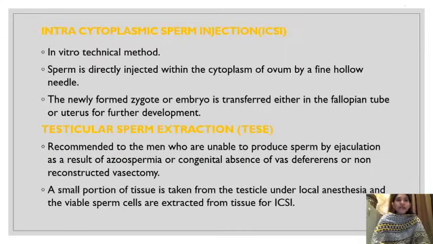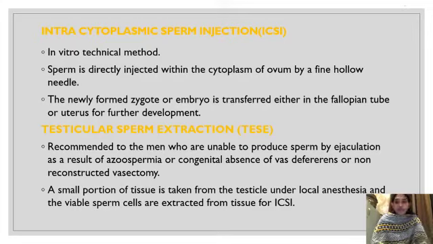The next one is intracytoplasmic sperm injection. From the name we can understand, the sperm is injected inside the cytoplasm. So this is also an in vitro method. As I told you while discussing in vitro fertilization, the sperm is directly injected within the cytoplasm of the ovum with the help of a needle.